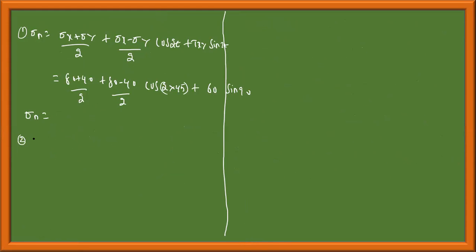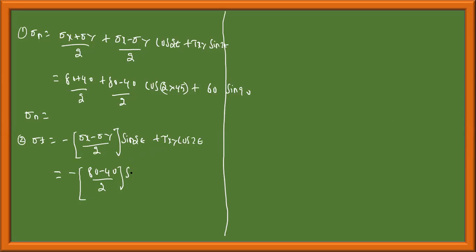I'll write sigma t, which is equal to minus of sigma x minus sigma y by 2 into sin 2 theta plus tau xy cos 2 theta, which is equal to minus of 80 minus 40 by 2 sin 90 plus tau xy 60 cos 90.